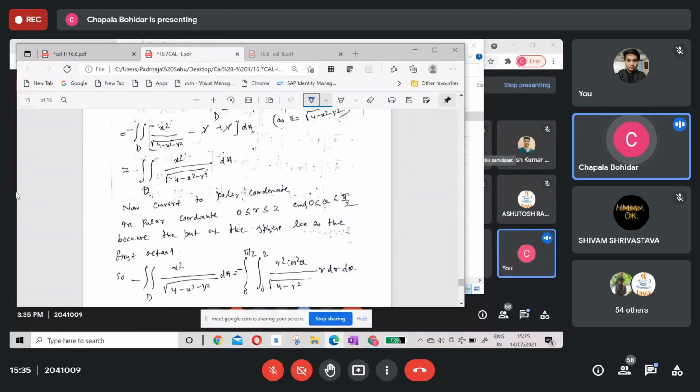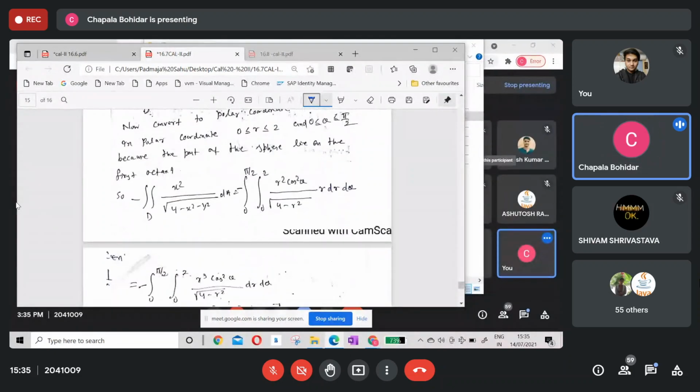So by substituting that value here, x is equal to r cos theta, y is equal to r sin theta, and here I can write it as 4 minus r square.